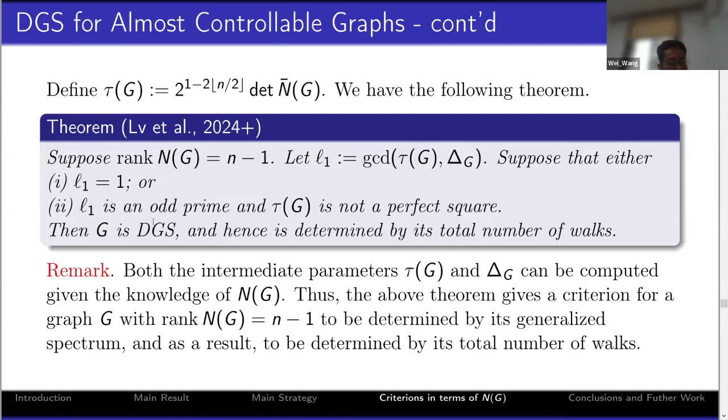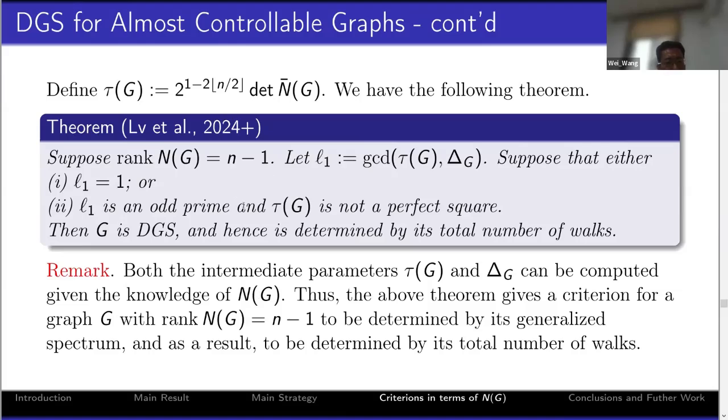Then we can show G is DGS, and hence is determined by its total number of walks. Here, I'd like to remark both the parameters, tau G and delta G, can be computed through the knowledge of capital NG.